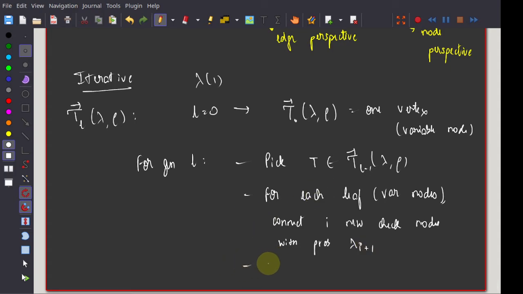Okay. And for each of the newly introduced check nodes, connect j new variable nodes with probability rho_(j+1).